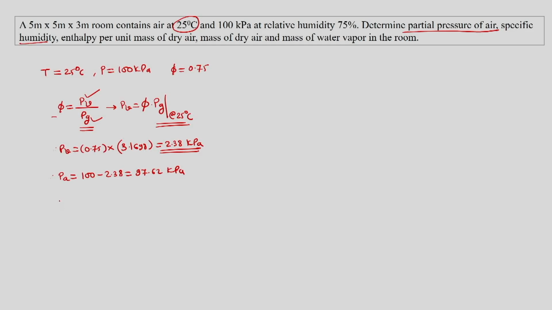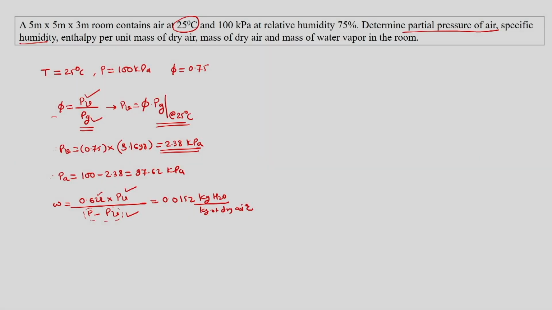Now we can find the specific humidity. Omega is equal to 0.622 into Pv divided by P minus Pv, which is basically Pa. So Pv is known, Pa is known, 0.622 is known, and then we get 0.0152 kg of vapor, which is H2O, per kg of dry air.